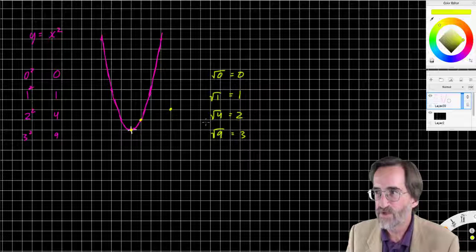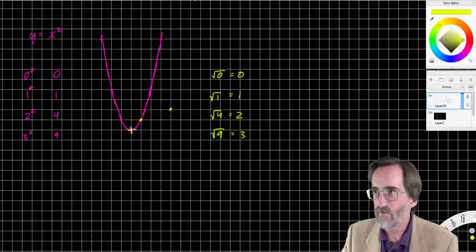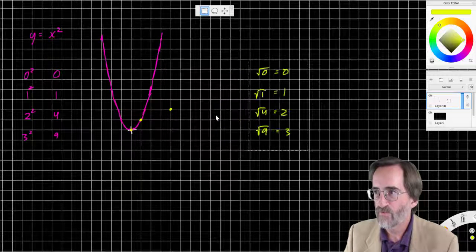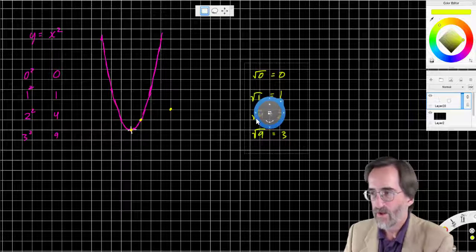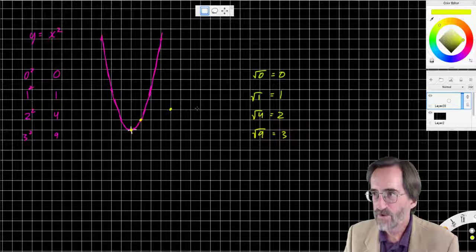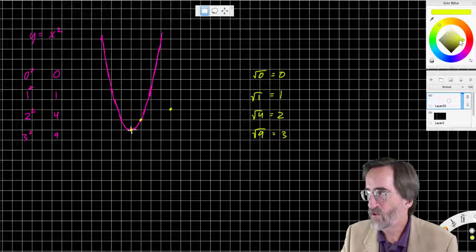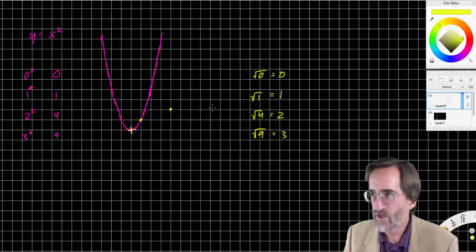That's where it differs. 9, 3. Let me move this off to the right a little bit and make a little room.